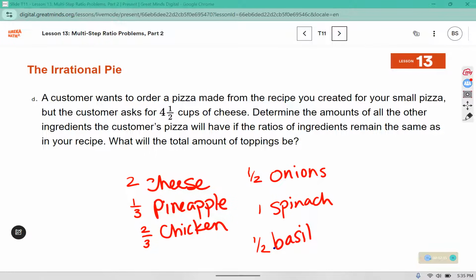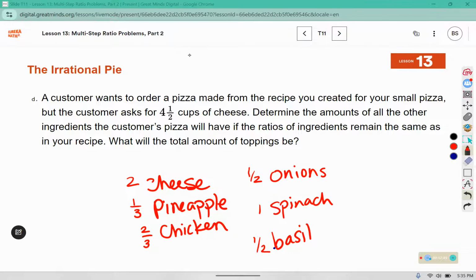In question D, it says a customer wants to order a pizza made from the recipe you created for your small pizza, but the customer asks for 4.5 cups of cheese. Determine the amounts of all other ingredients the customer's pizza will have if the ratios of ingredients remain the same as in your recipe. What will the total amount of toppings be? All right, so we are going to figure out 4.5. 4 times 2 is 8, plus 1 is 9.